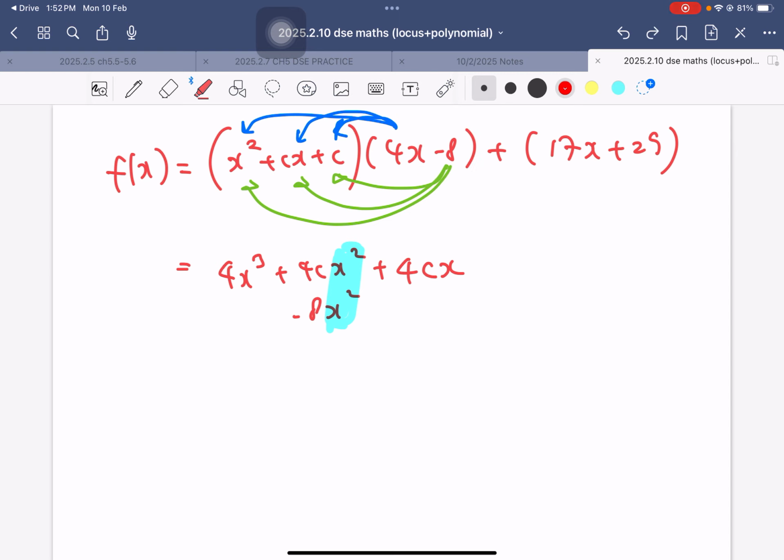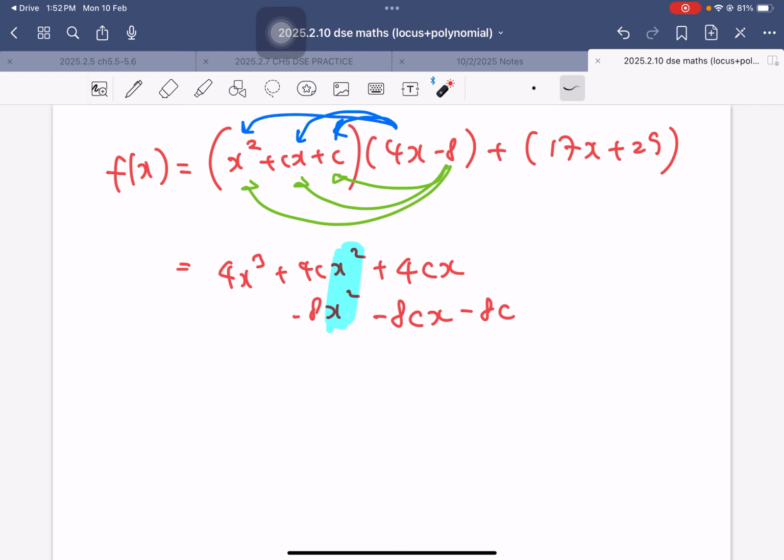Negative 8cx. And then negative 8 times c gives you minus 8c. Do I write it here or here? The right one, because there's no x. So I write down negative 8c.